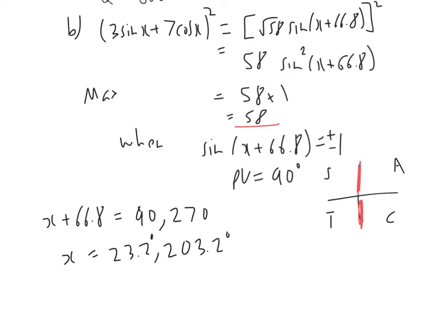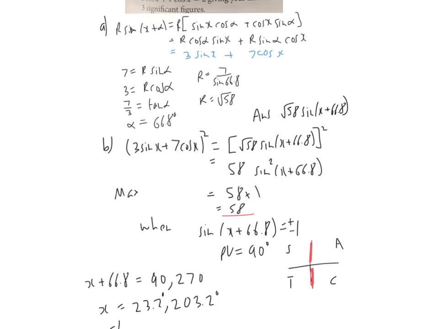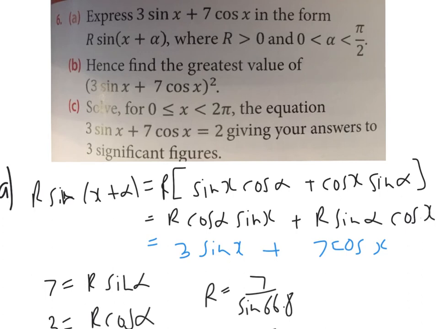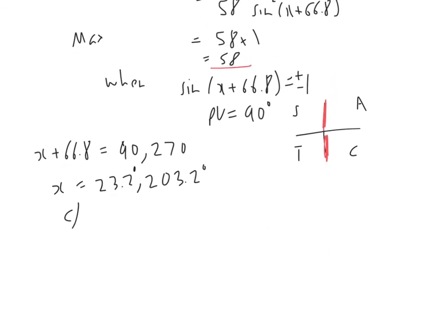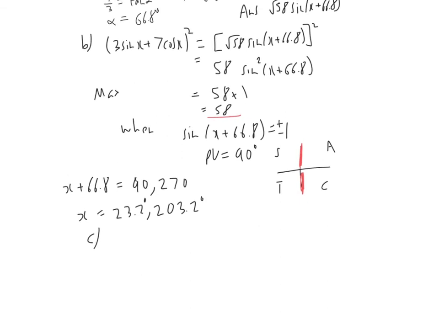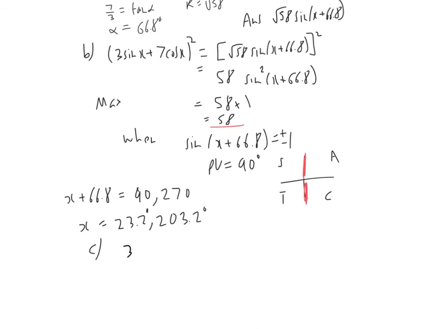Part C is solve, for x between 0 and 2 pi, the equation 3 sin x plus 7 cos x equals 2. Okay, so 3 sin x plus 7 cos x equals 2.